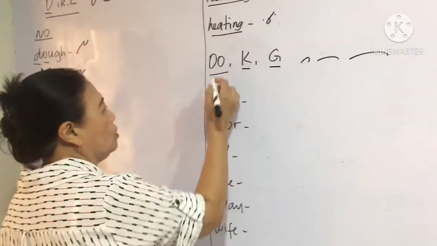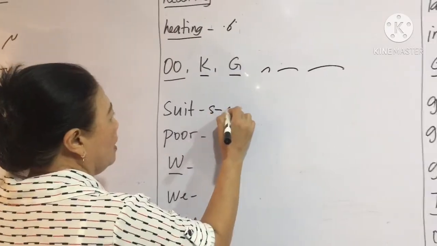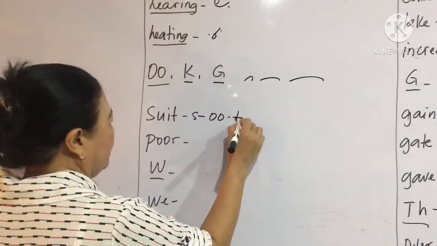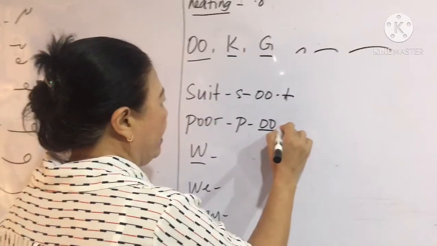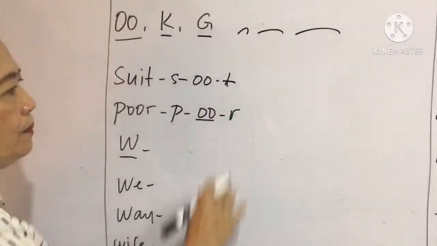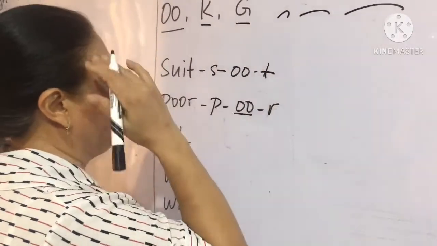Example for the long U, we have suit. We have letter S, long U, and T. Pour, we have letter P, long U, and R. So we're going to combine these strokes after identifying the sounds.